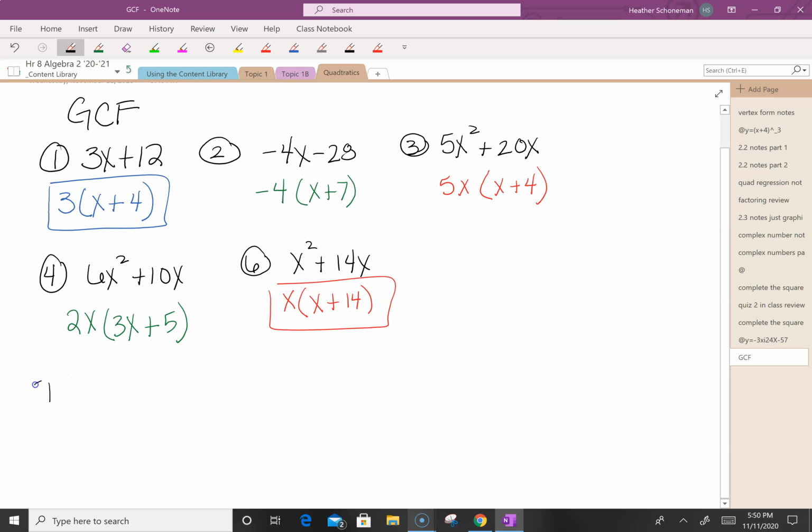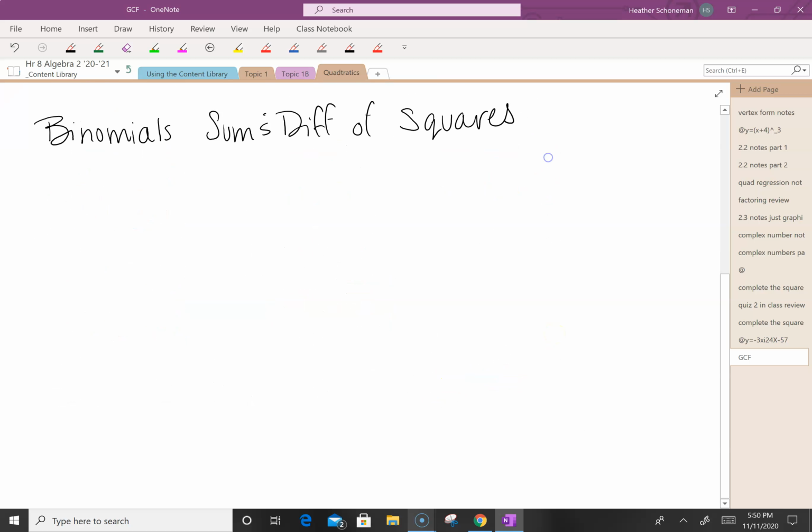All right, the next one we're going to look at is binomials. Okay, and we're going to do the sum and difference of squares. So here's the pattern. If I have a squared minus b squared, this is going to factor to (a plus b)(a minus b).